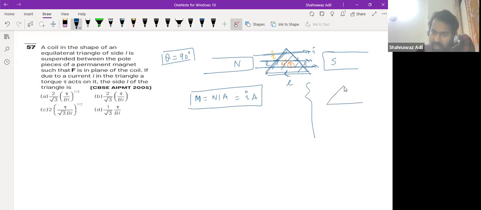If we have two adjacent sides and the angle between them, do you guys remember what the area of the triangle is? What is the area?